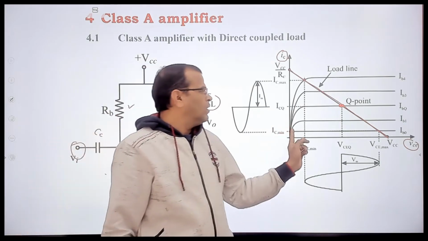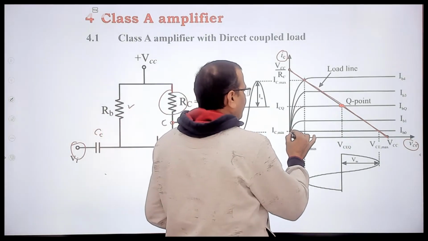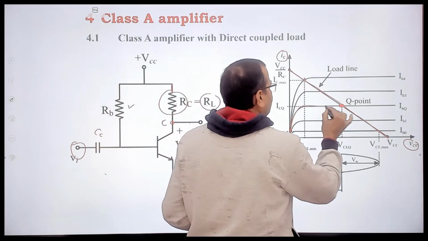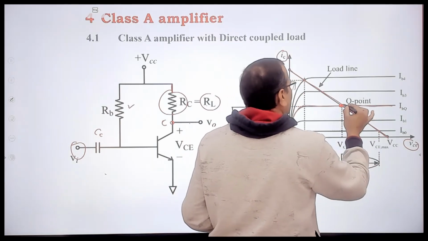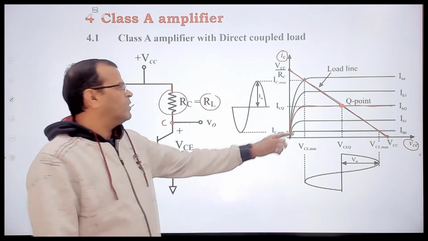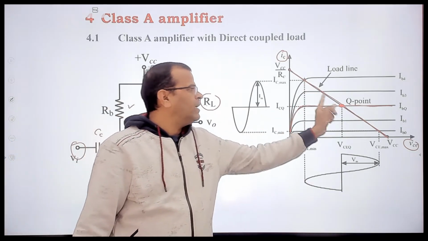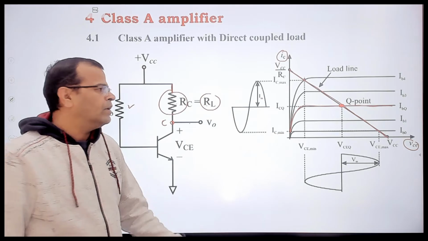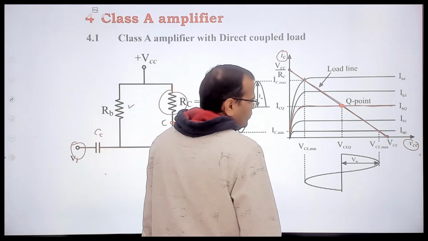The intersection of the characteristic of BJT with the load line is called the Q point, right? And in case of class A amplifier, the Q point is located at the center of the load line or near the center of the load line.